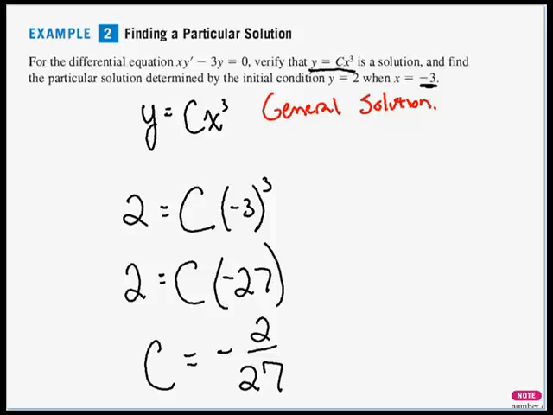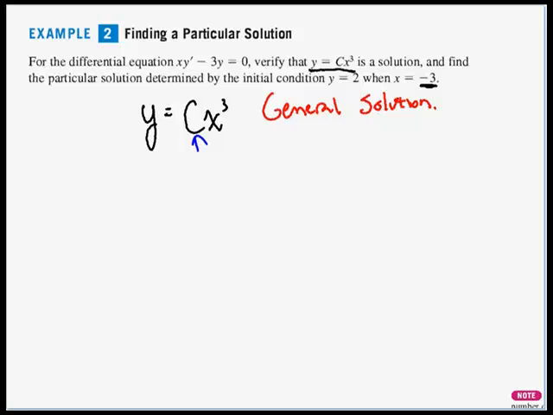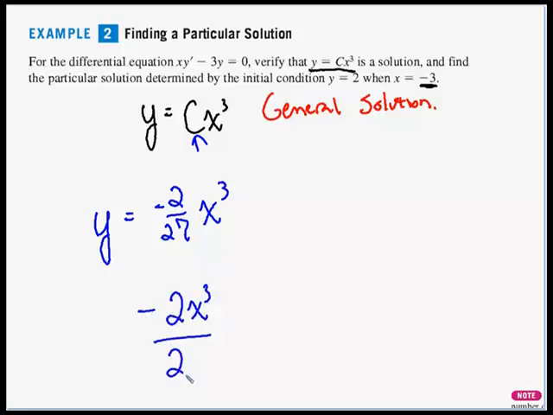So we solved for the constant. Now just to find the particular solution, we take this value for the constant, and we're going to plug it back into the general solution. So y equals, instead of that c, we can write -2/27 x to the third. Or you might see it written with that x to the third completely in the numerator. That's the exact same thing.